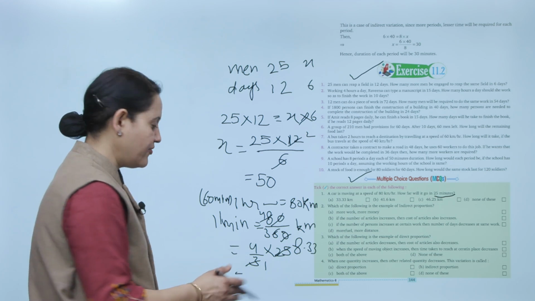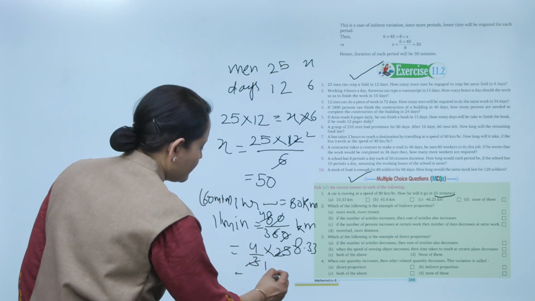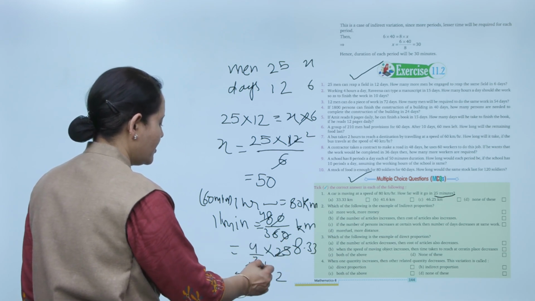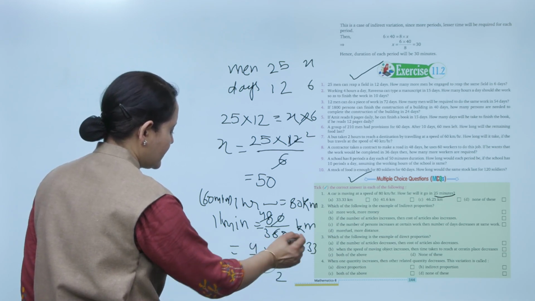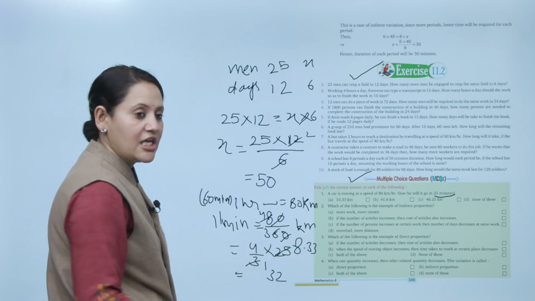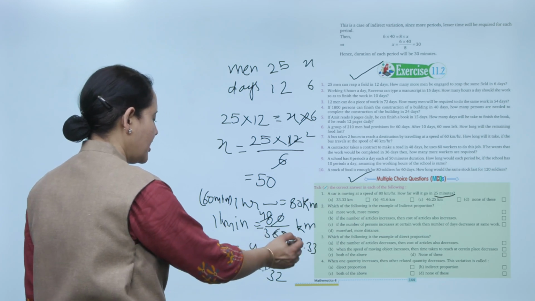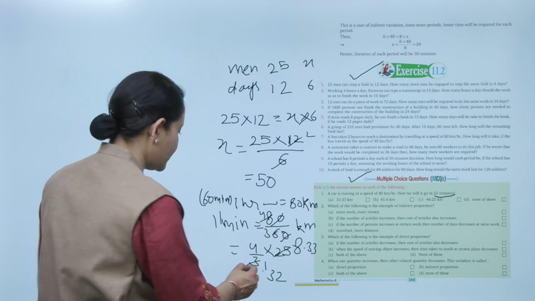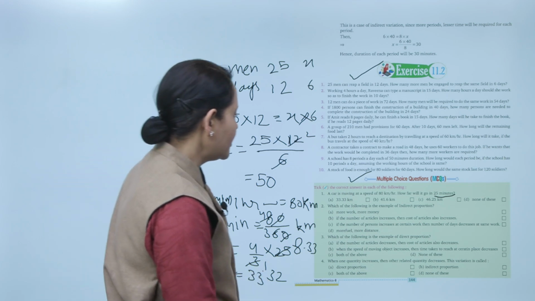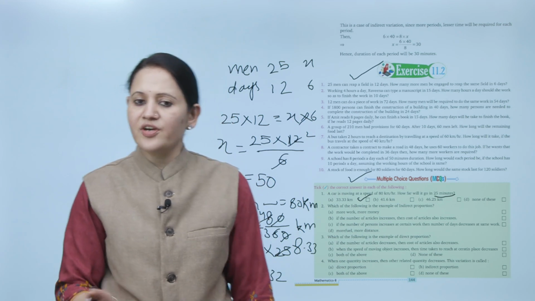Now multiply कर देंगे 4 से. 4 3s are 12 and 1, 4 3s are 12 and 13. Then decimal आ जाएगा. 1 carry over है. 8 4s are 32 and 1 33. Means around 33.33 km distance it will cover in 25 minutes.